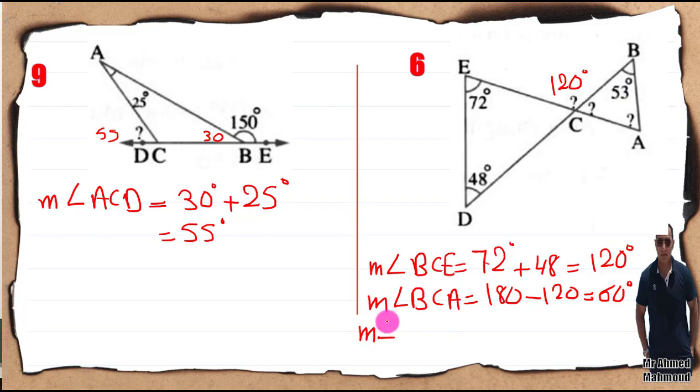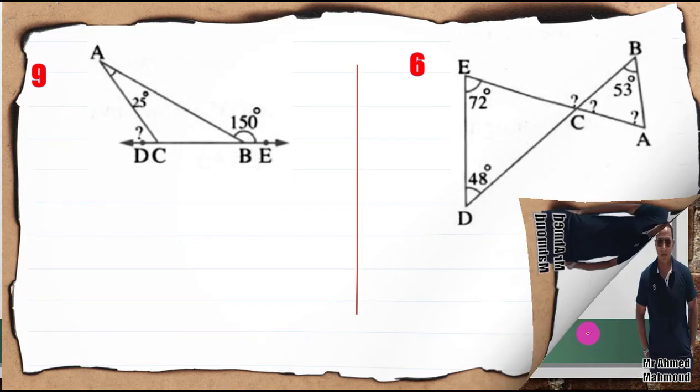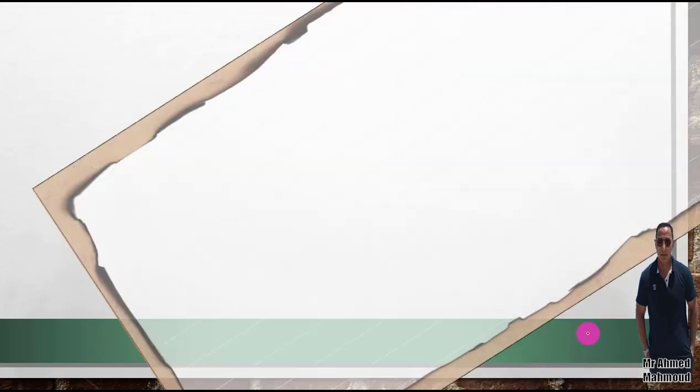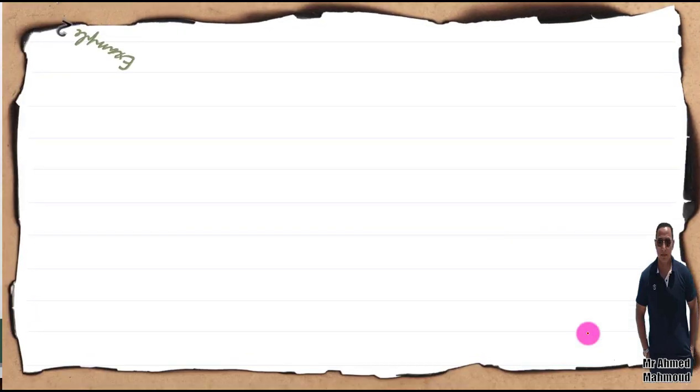Measure of angle A equals 120 minus 53 equals 67 degrees. Now let's solve the first proof with us.